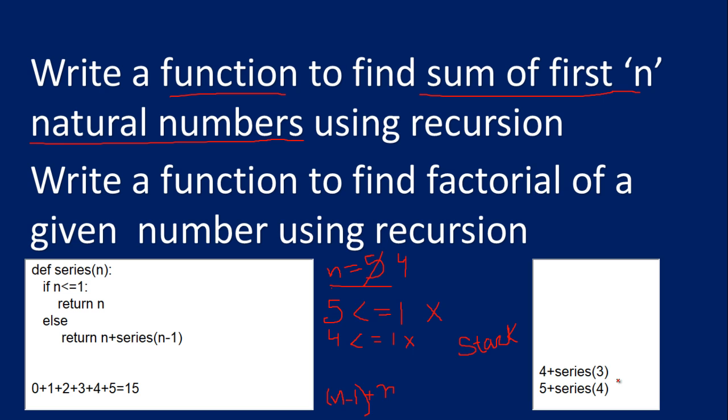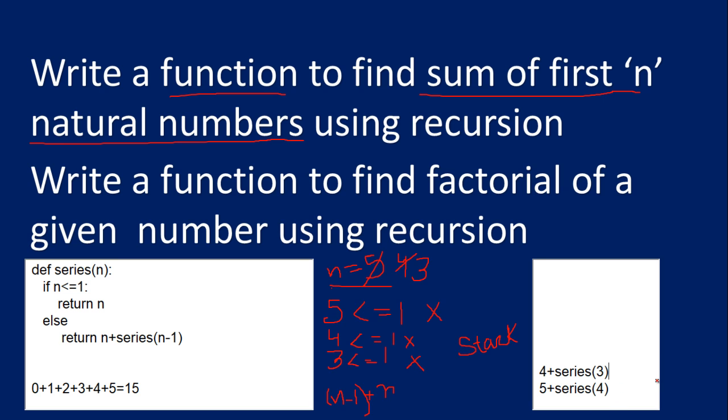Because of series 3, again the function is called with the value of n as 3. Then it again comes down and checks whether the value of n, that is 3, is less than or equal to 1 or not. It is not less than or equal to 1.